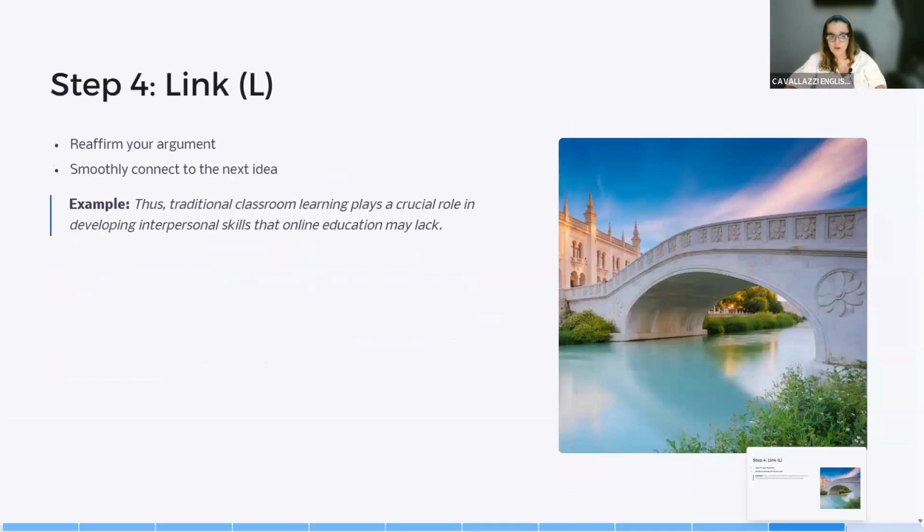And the link, which is practically the end, as I showed earlier, serves to close the paragraph, to connect your idea, to wrap it up. I wouldn't call it the conclusion of the paragraph. That's not quite it, but it's a mini conclusion of the paragraph. This improves coherence and cohesion by using TEEL.